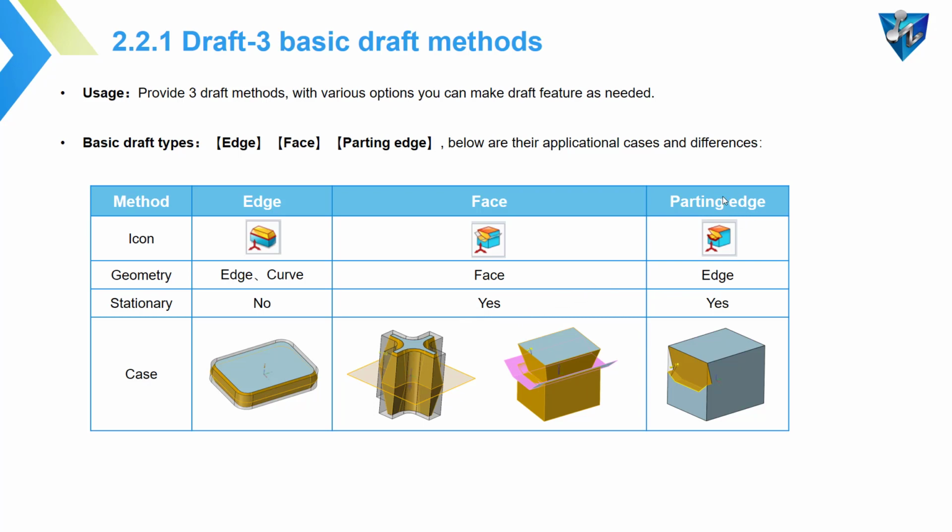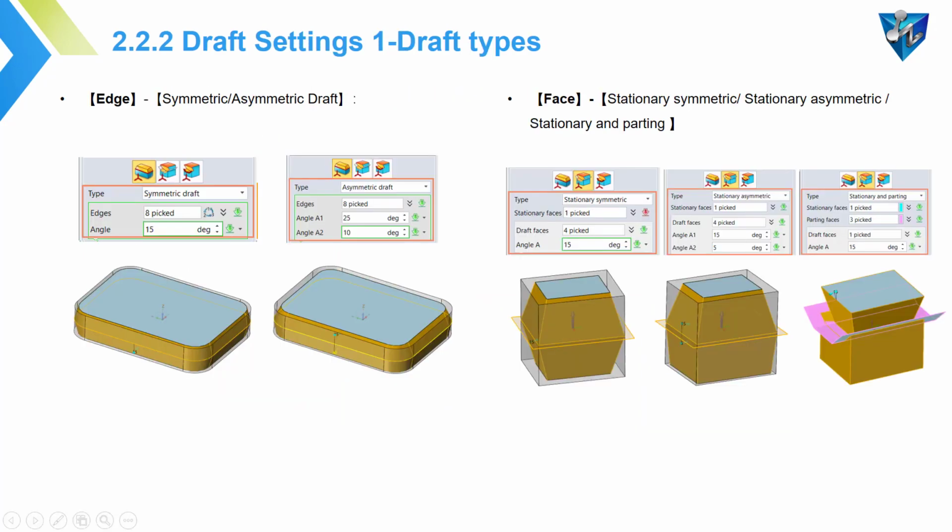The third one is parting edge draft, and in this one the draft geometry can only be edge, and there is a stationary geometry. And there are some settings in the draft command.